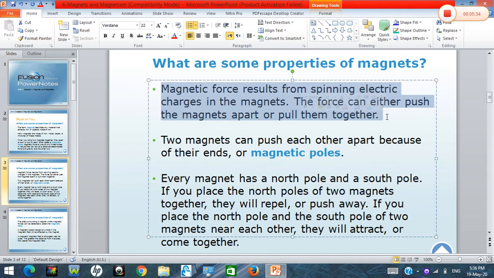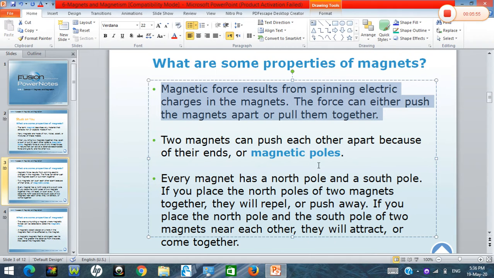This movement causes the force of the magnet. Again, this movement or the spinning of this electric charge causes the force of the magnet.